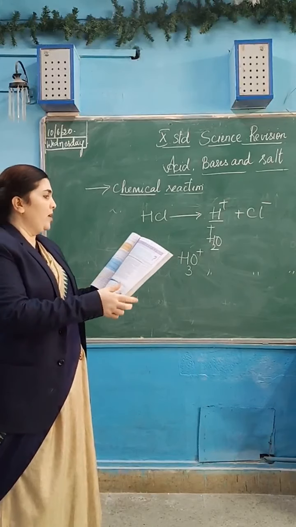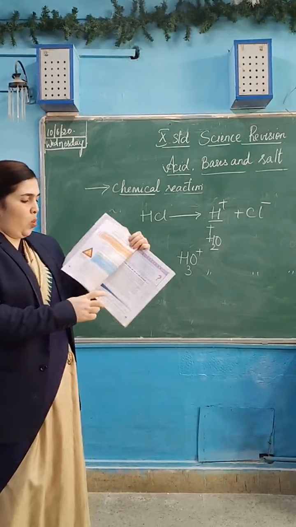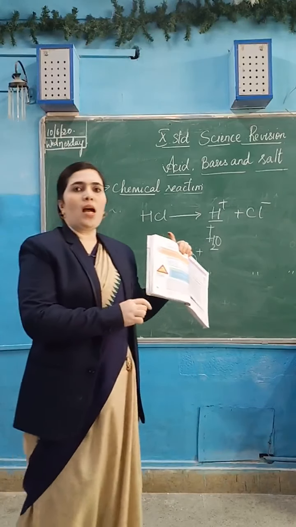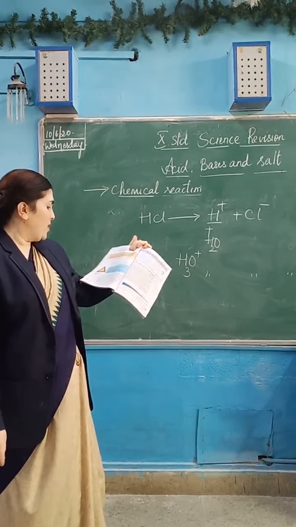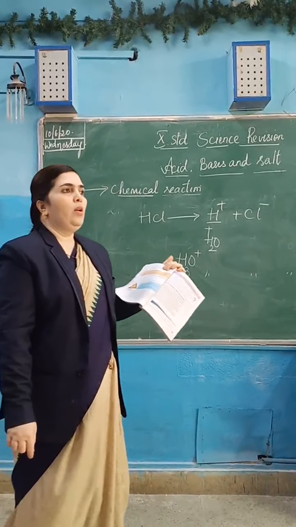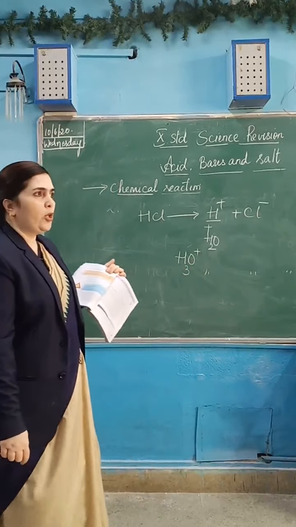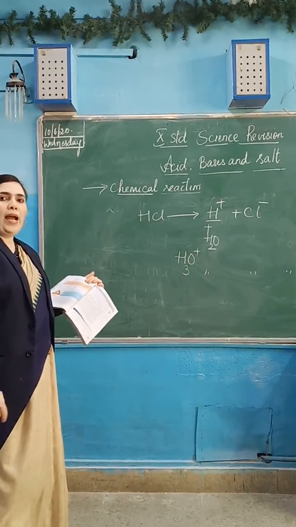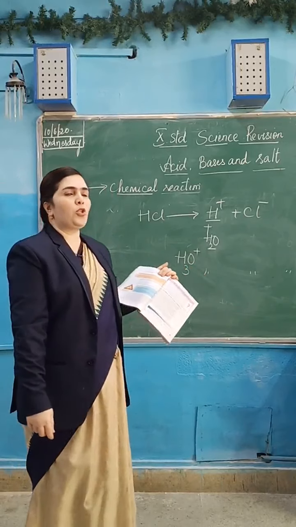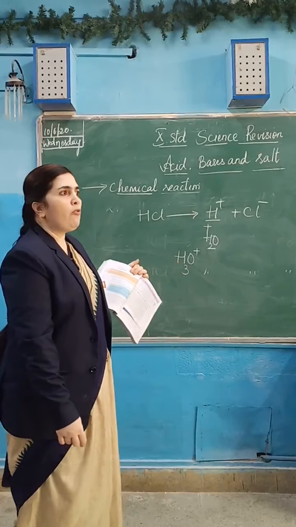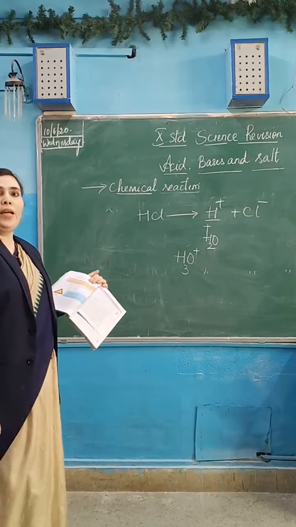And here in the last stanza you can see this is also a question which is asked frequently. Why is it not advisable to add water to concentrated acid while diluting it? So always when you are diluting acid, you should add acid to the water, drop by drop, because mixing of water and acid is an exothermic reaction.